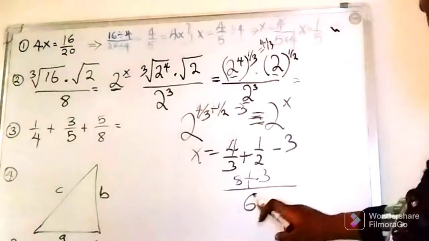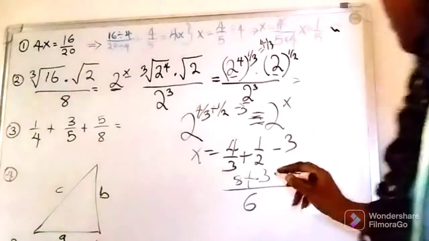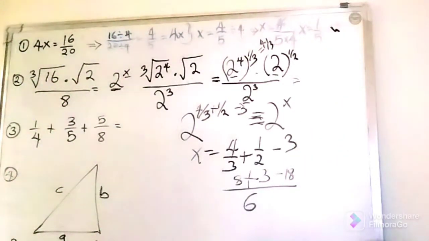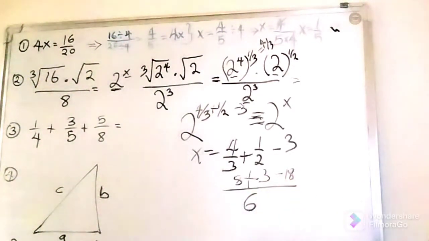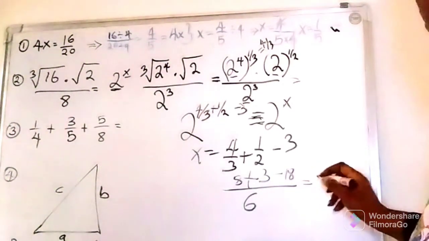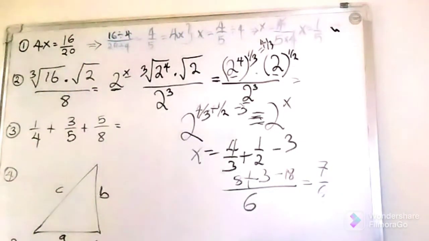Then also 6 divided by 1 gives us 6 times 3 gives us what? 18. So 8 plus 3, 11, minus 18 gives us what? Minus 7 over 6. So the value of x is minus 7 over 6.